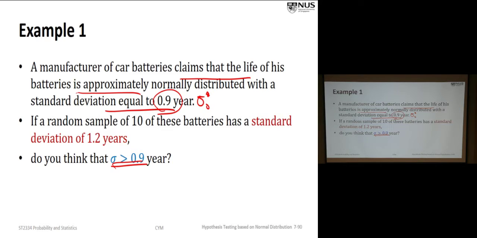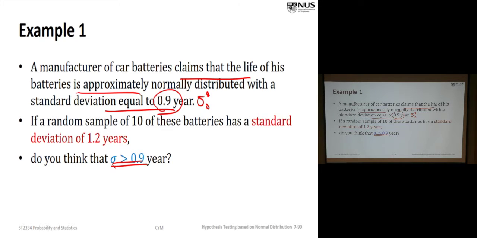Now, if the standard deviation is 0.1, then you are somewhere around the mean, so it doesn't matter much. Whether your battery is good or bad, the difference is not too big. But if it's 0.9, that's 0.9 year, almost 1 year.